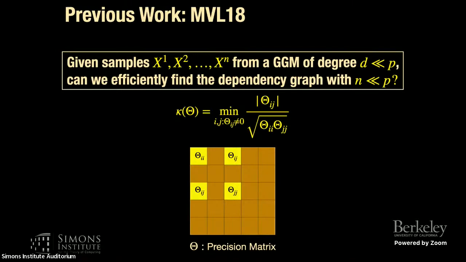Or in other words, let's say I'm trying to identify an edge ij, how strong is that edge with respect to the corresponding variances? You can imagine if this entry theta ij is very small with respect to the variances, then it's very hard to identify. So this is a parameter, and the nicest thing here is it only depends on pairwise or 2x2 submatrices: how strong is a single edge, and not on the global structure of the entire distribution.